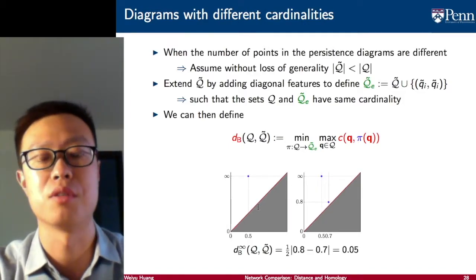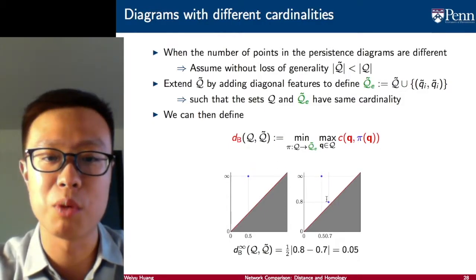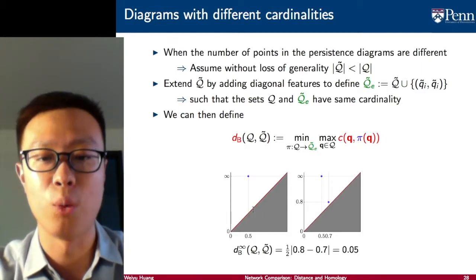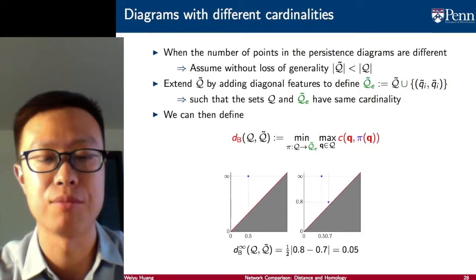In this example, (0.5, infinity) is going to be matched to each other. (0.7, 0.8) is going to be matched to (0.75, 0.75). Therefore, we have the persistent diagram difference as 0.05.